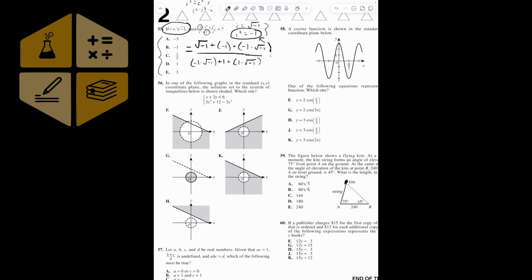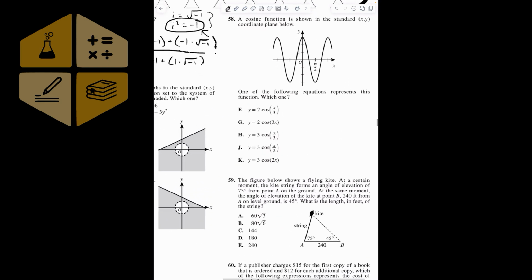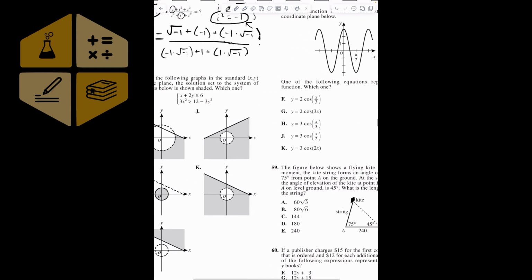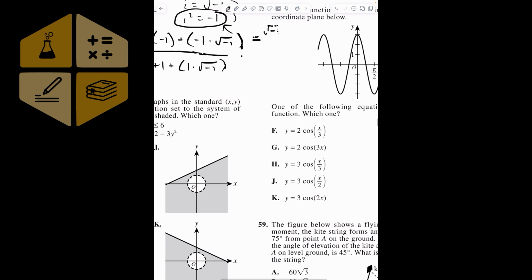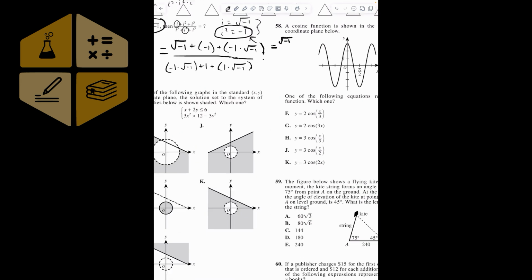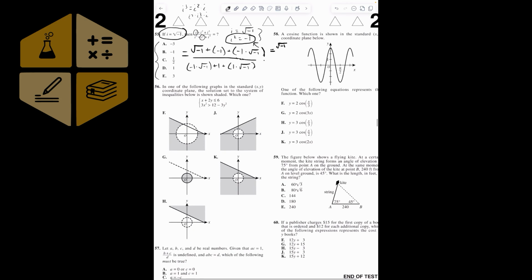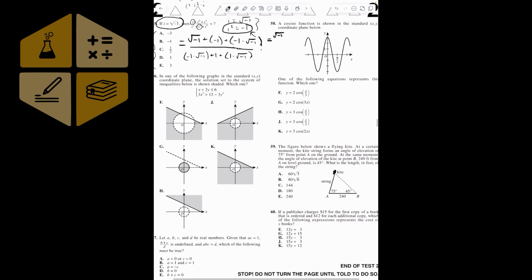Okay, so that's a lot, but let's see how we can reduce this down as best as possible. Starting here, we've got the square root of -1 on top, minus 1, and then plus -1 times the square root of -1.